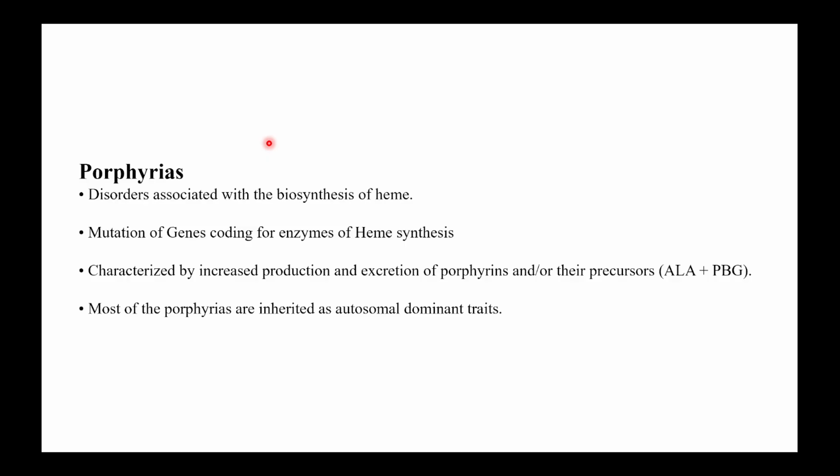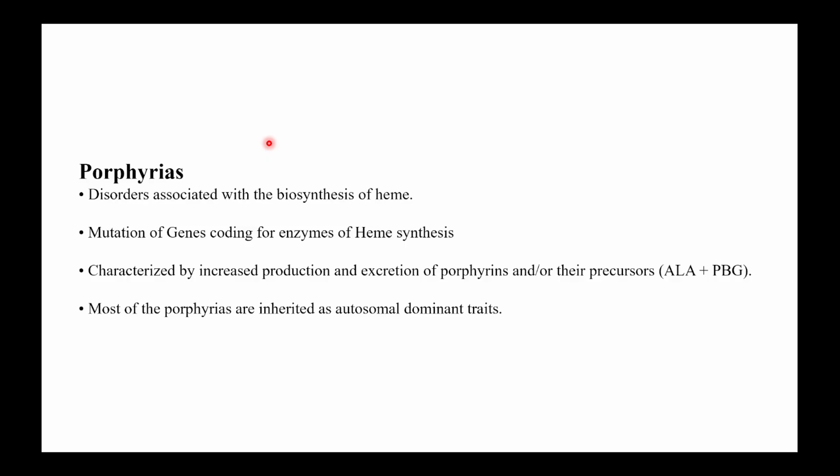If there's a defect in that biosynthetic pathway, the disorders that arise due to the different defects in the biosynthesis of heme are called porphyrias.